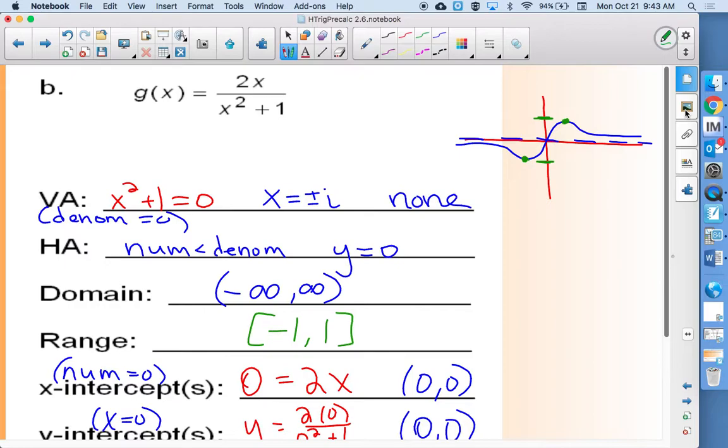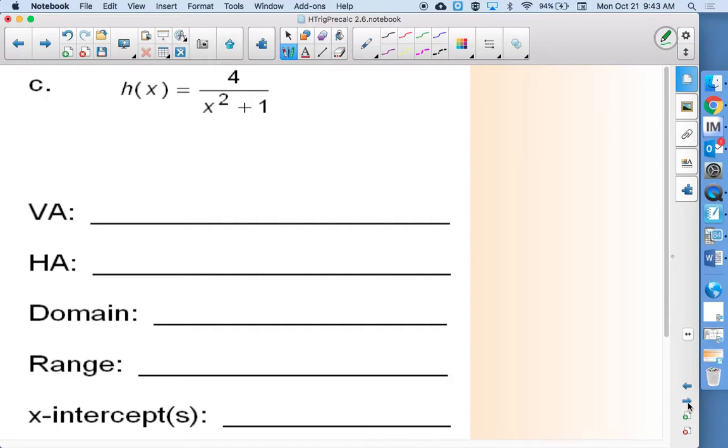So I do want to go through C just so that we get another one of these so we can kind of see what a different graph would look like. Just work through this together. So the vertical asymptote, again, it's the same denominator as the one above. It's x squared plus 1. So no vertical asymptote. How about the horizontal?